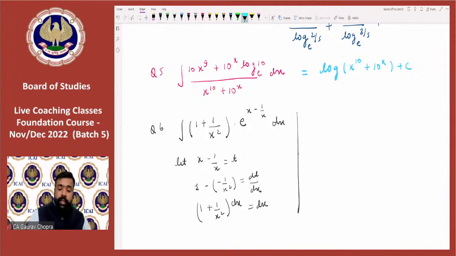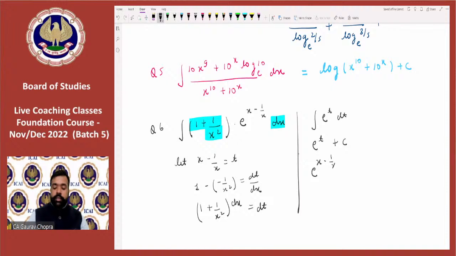Now here we can see that in place of 1 plus 1 by x square and then dx, we can simply write dt. So let us write this: e to the power of t and then dt. Now integration of e to the power of t will be the same, adding the constant. In place of t we can write x minus 1 upon x. So this is the final result. All right.